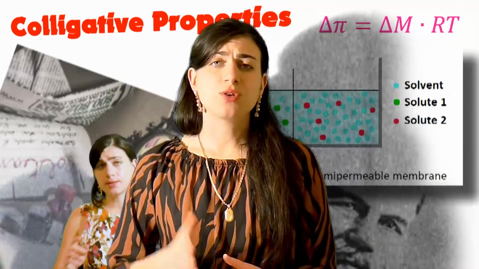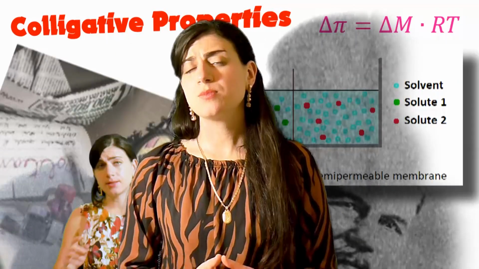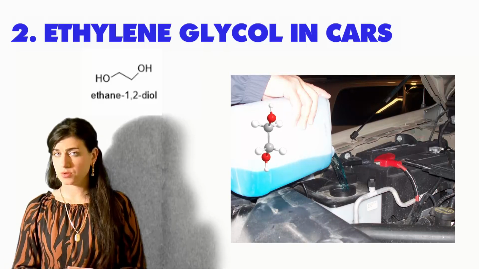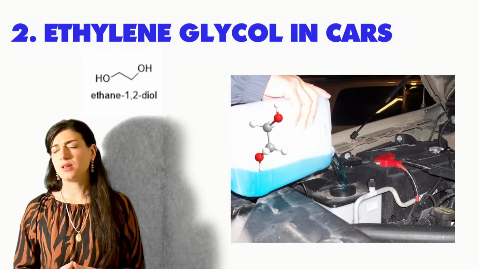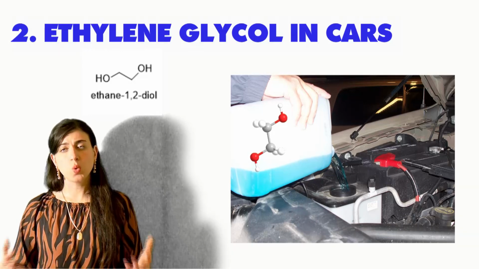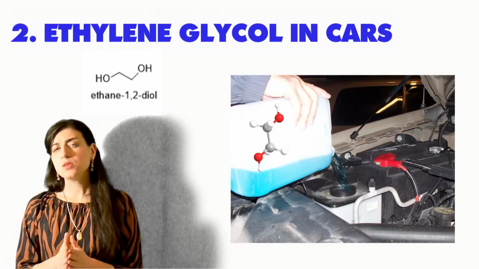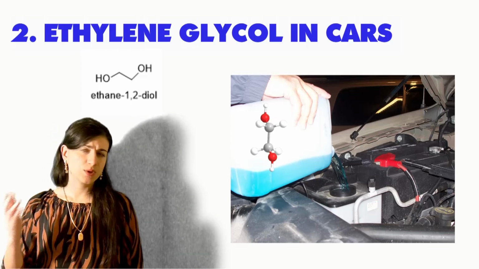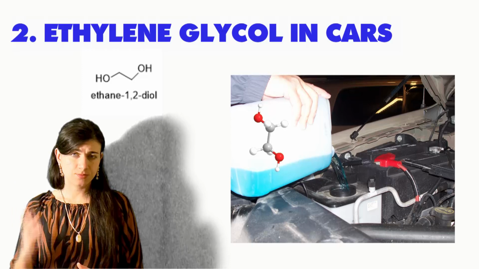The second application I found for you is very similar to the previous one. It's the use of ethylene glycol in car radiators. You may know that cars need a radiator with water inside in order to cool the engine. Well, inside this water there will also be ethylene glycol together with some additives such as colorants, for example.